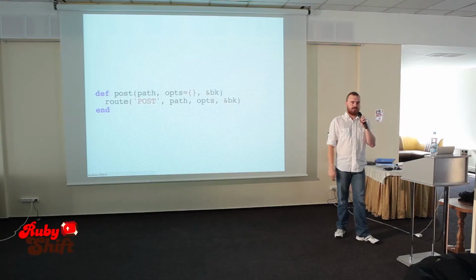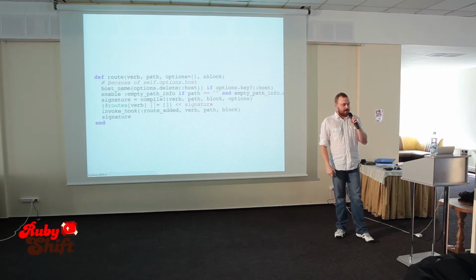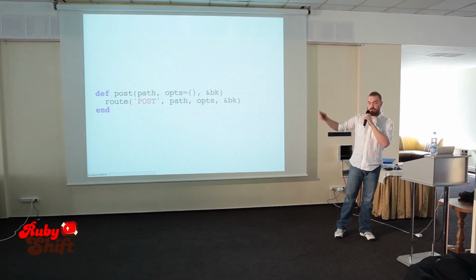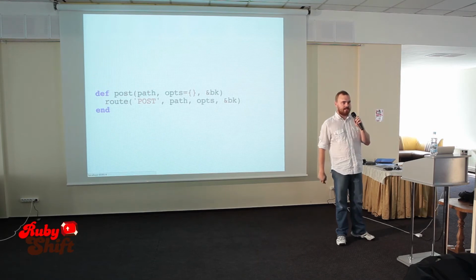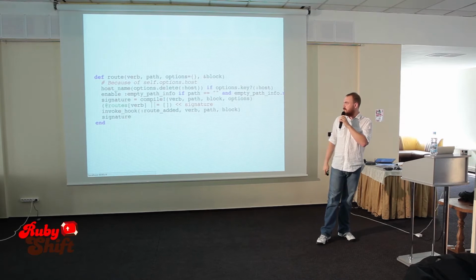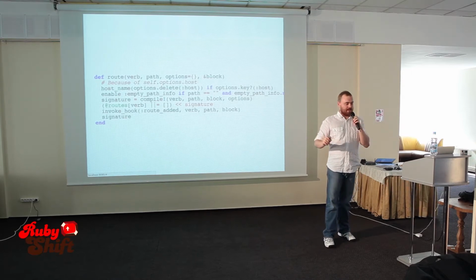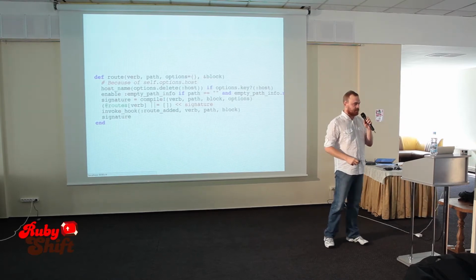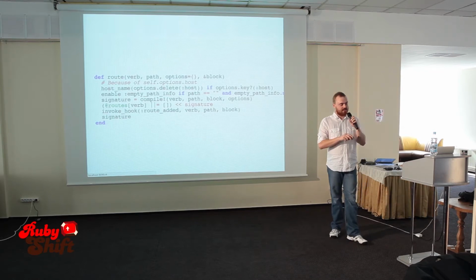So let's go back to this post. The important thing is this root method, so let's go to the root method. When you are investigating somebody's code, it's like Inception. You have to go deeper, deeper, deeper. So we have to go deeper to root. It's a little more complicated, this method.